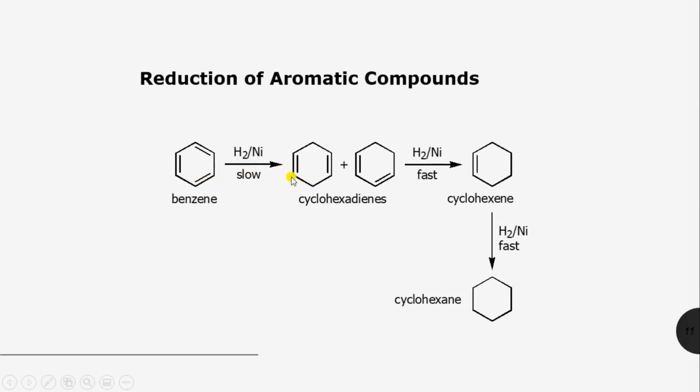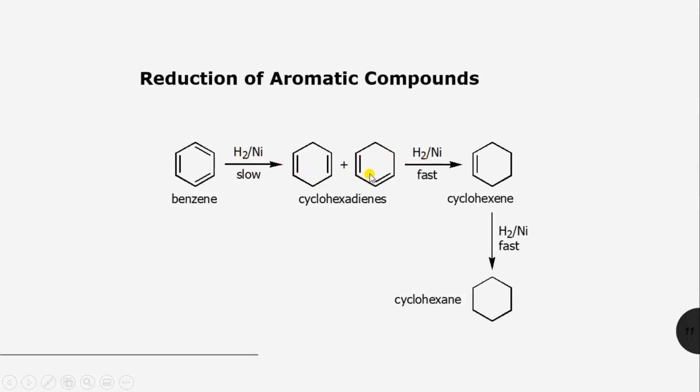The very first step would be the loss of one double bond because of the addition of hydrogen, and then we will be left with two isolated double bonds after the first hydrogenation step, after the addition of only one molecule of hydrogen.